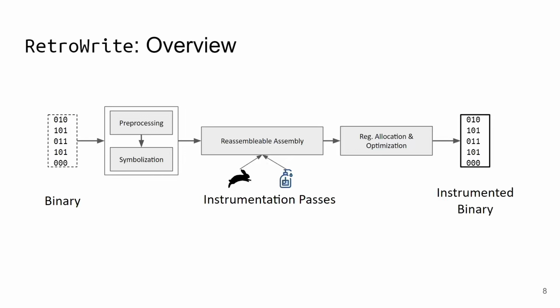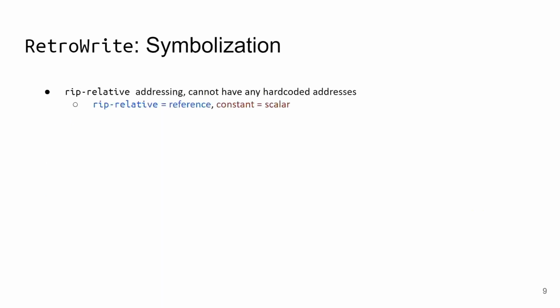The key phase in this pipeline is the symbolization procedure that generates reassembleable assembly. The first key point is that RetroWrite targets position-independent executables. As position-independent executables may be loaded at any offset in memory, the text section cannot have any hardcoded constant values that are references, simply because the addresses are not known at compile time.